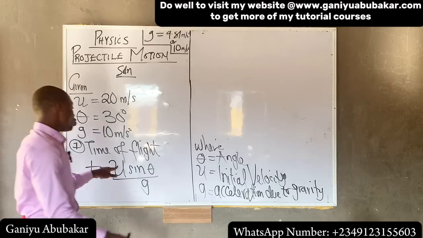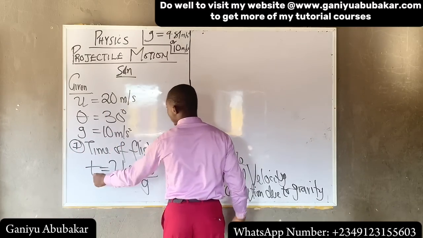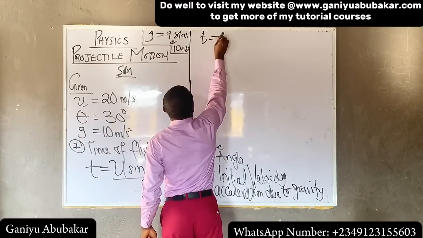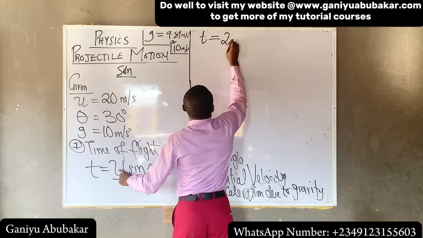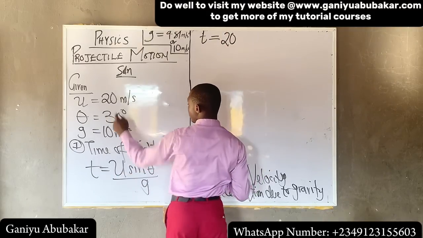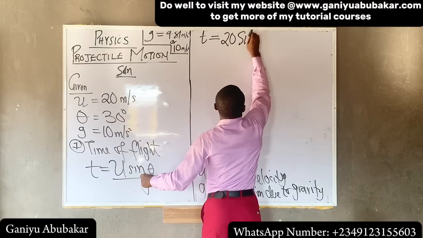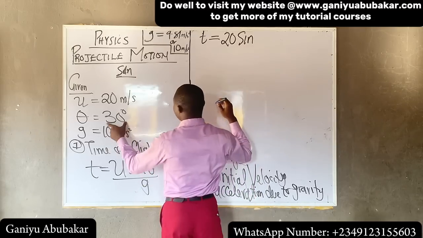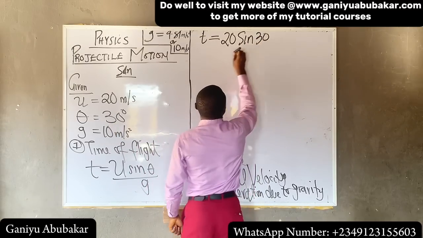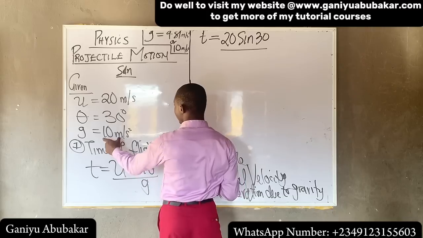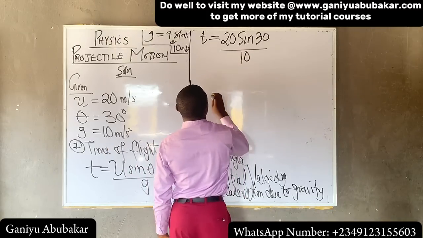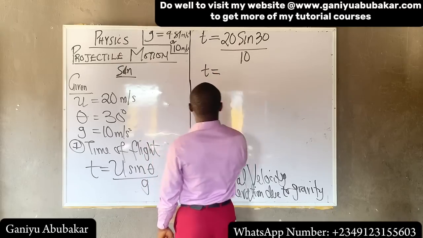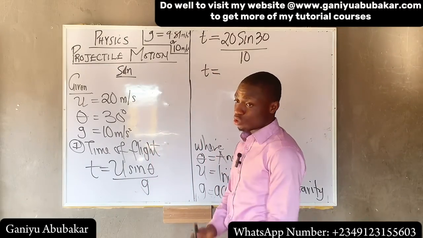Put in your values. u is 20, theta is 30, over g, and g is 10. Please help me punch: 20 sine 30 over 10 is what?